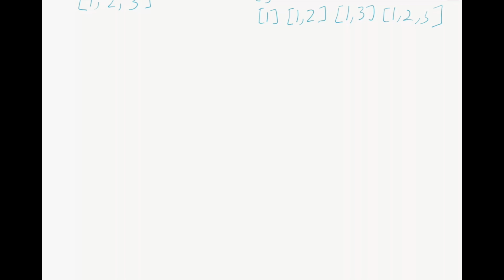And then we can start counting the lists that start with number 2: 2, 2 3. That's it. Third part, the last step is to look at lists that start with number 3. Of course, 3 is the only one. There are many ways to solve this problem.